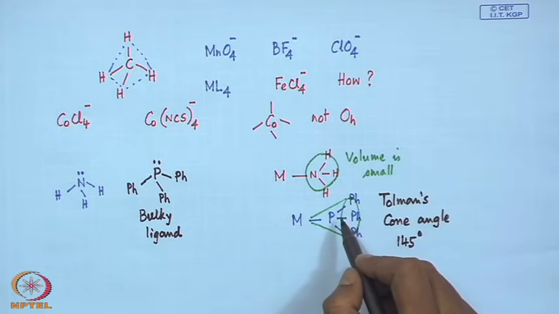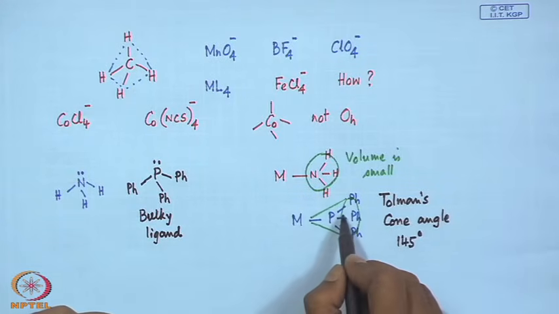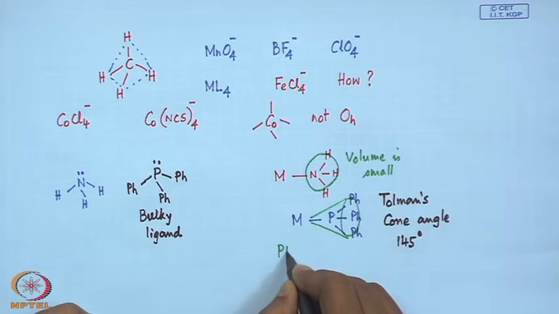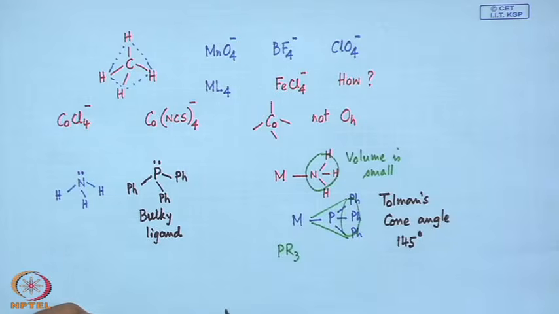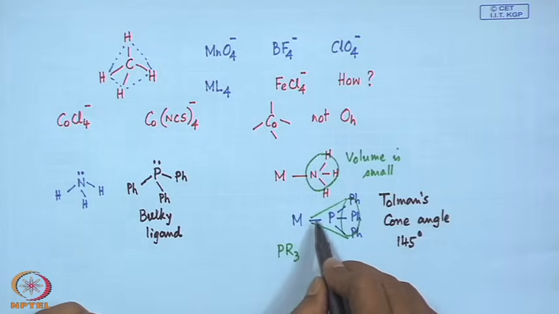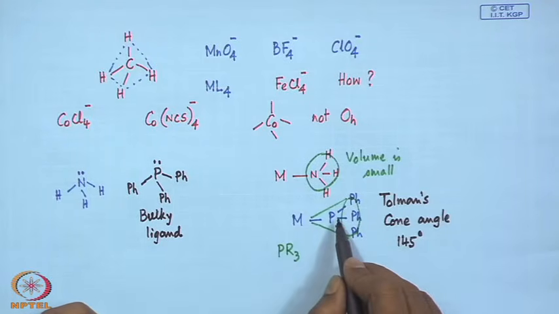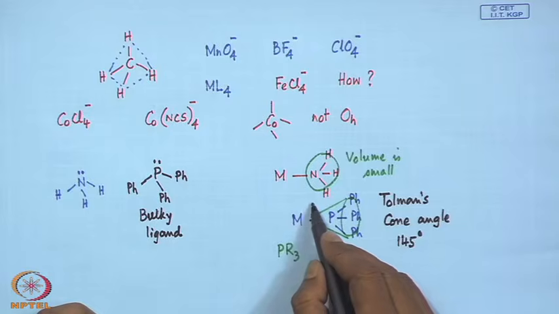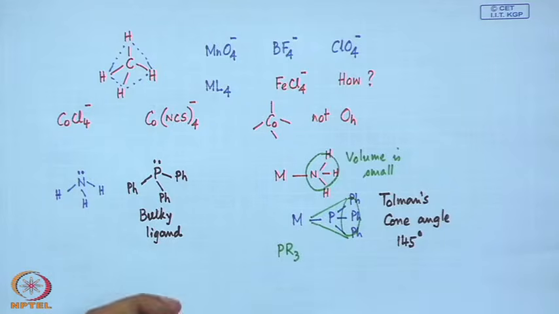So, this triphenylphosphine can have other substituted triphenylphosphines, that means we can have PR3 molecules, and depending on the nature of this R, we can change the corresponding cone angle. In some cases it is less than this value, or in other cases it is bigger than this value. By changing this cone angle, we are basically blocking this particular side.